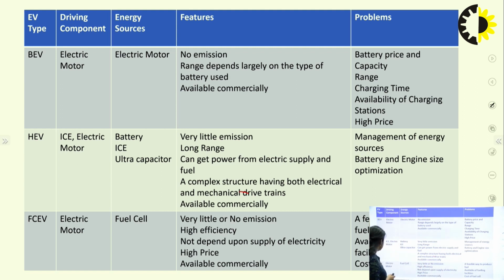Now, if you see the fuel cell electric vehicle, its driving component is the electric motor, and the energy source is the fuel cell. It also has very little or no emission, and the advantage is that it is a high efficiency technology, and it does not depend upon the supply of electricity only.